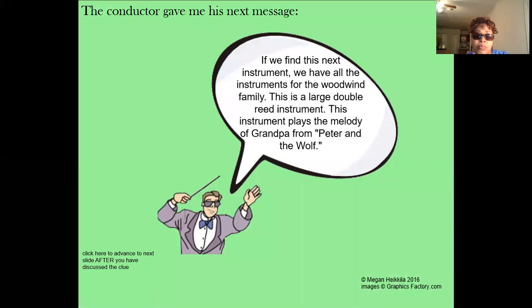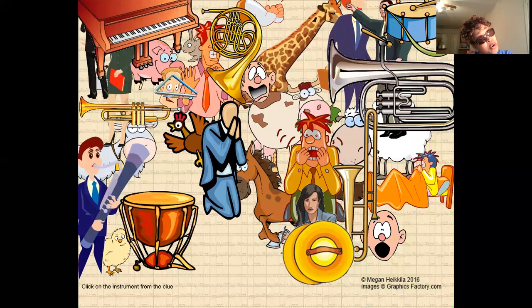Here's our next code. The conductor says that if we find this next instrument, we have all of the instruments for the woodwind family. This is a large double reed instrument, and this instrument plays the melody of Grandpa from Peter and the Wolf. If you guessed the bassoon, you are correct.